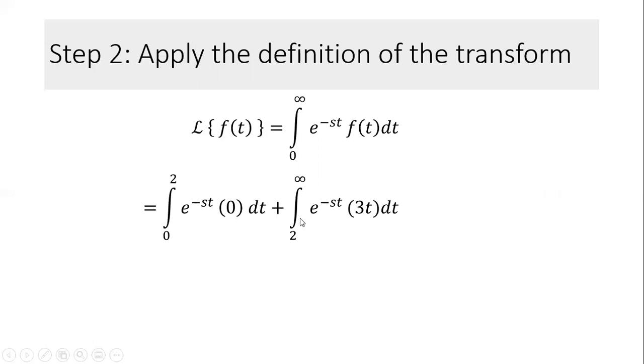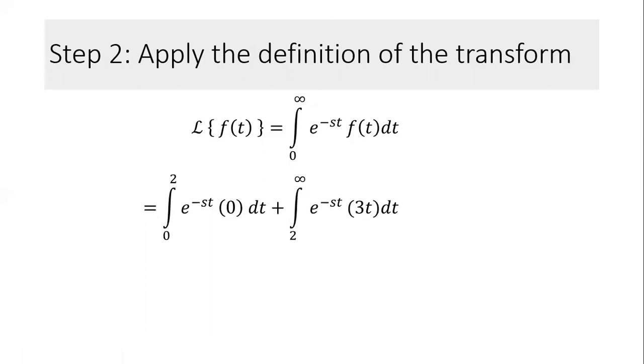And going between 2 and infinity for all values 2 or larger, we know that the function f of t has a value of 3 times its input argument. So 3t we'll write here. So this is our expression. But it's easy to see there that between 0 and 2, that integrand is 0. And so if we're integrating 0 between 0 and 2, this first piece will just disappear.